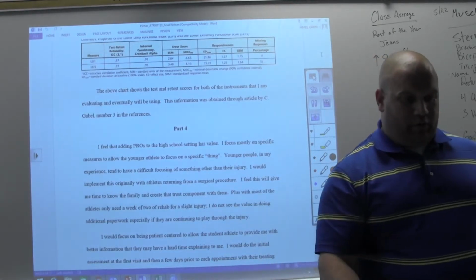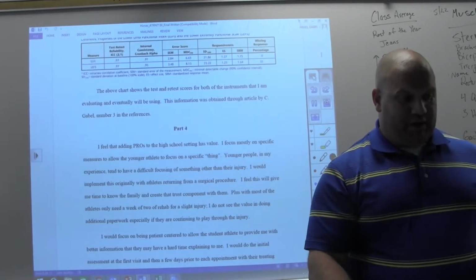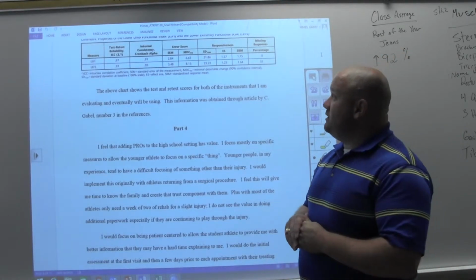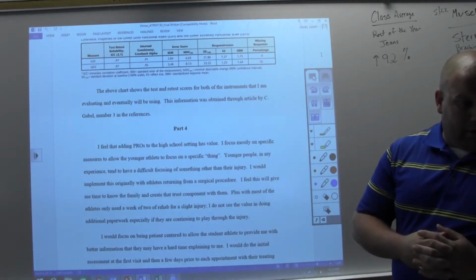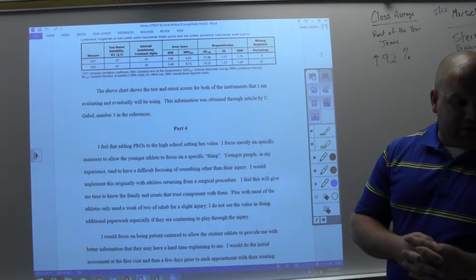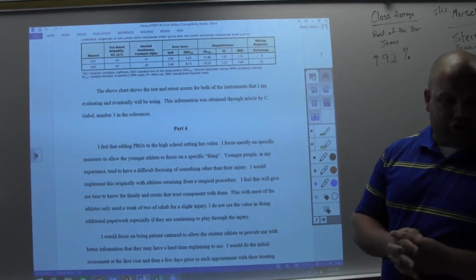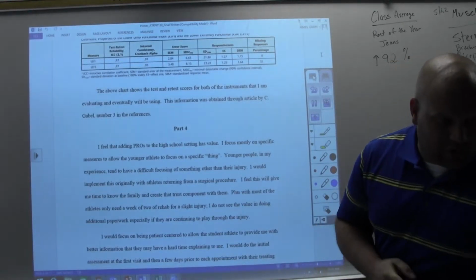If you find page 7 in my paper, you'll see the third page here is table 3, the measurement properties of the Lower Limb Functional Index, LLFI, and the Lower Extremity Functional Scale, LEFS, as they call it.